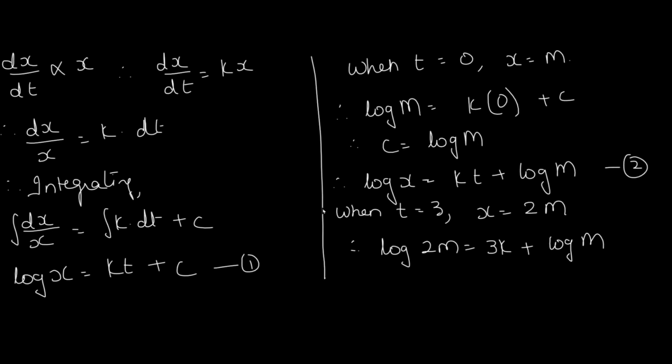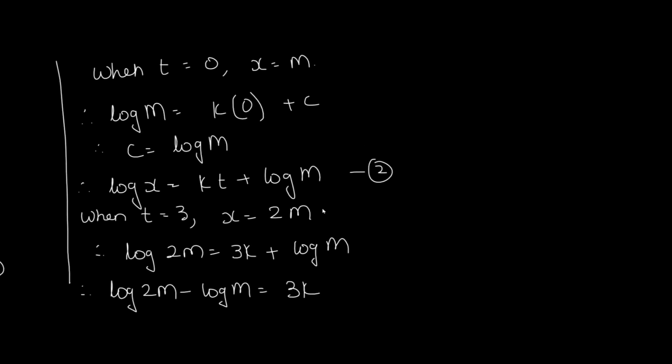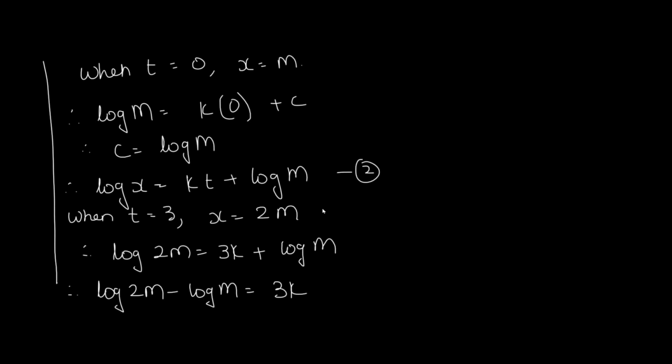Let us take this log m from the RHS onto the LHS. Therefore we have log 2m minus log m is equal to 3k. Both the logs are combined, and therefore we get log 2m upon m is equal to 3k.